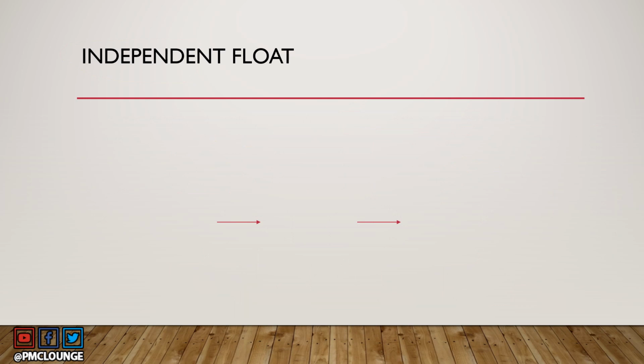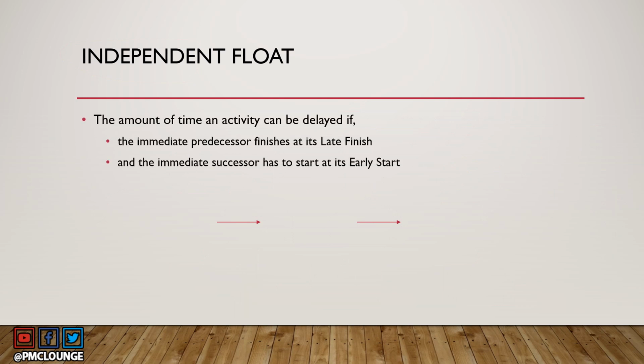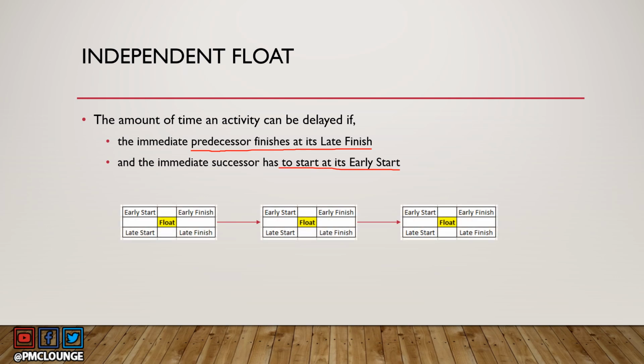Finally, there's an independent float. So the amount of time an activity can be delayed if the immediate predecessor finishes at its late finish and the immediate successor has to start at its early start. What does this mean? So let's see these three activities. The amount of time an activity can be delayed if the immediate predecessor finishes at late finish.